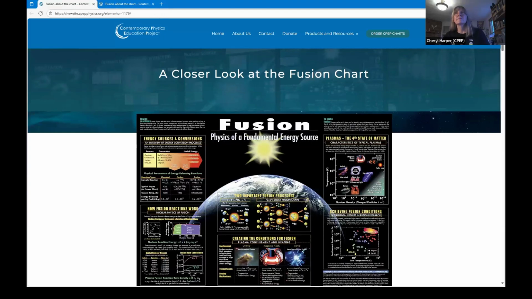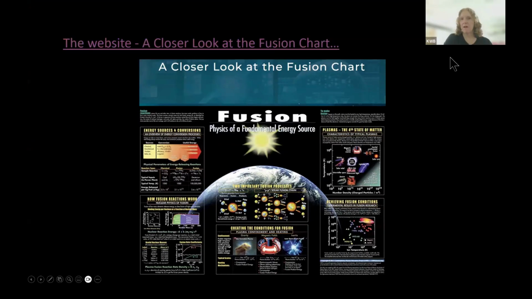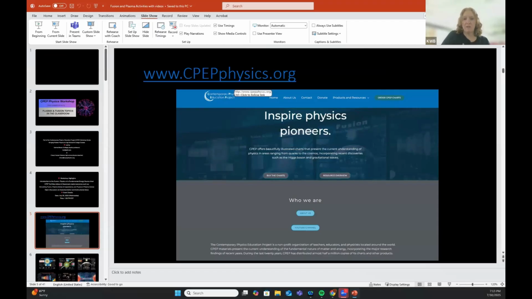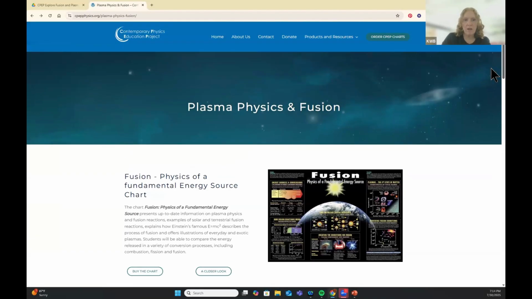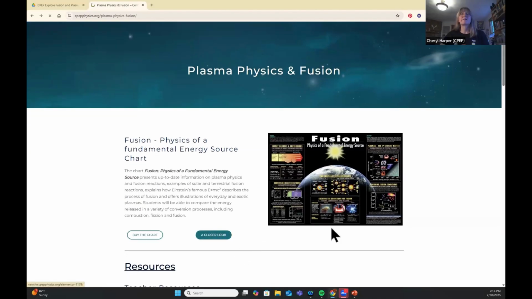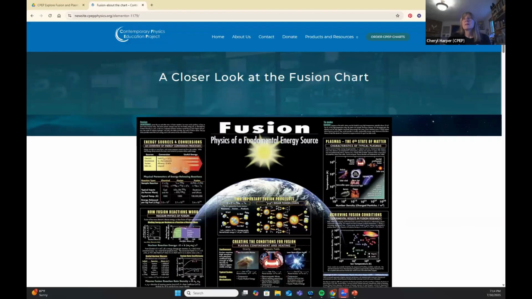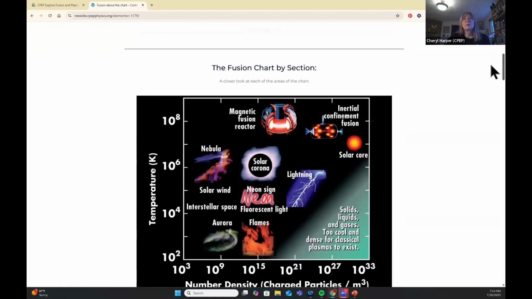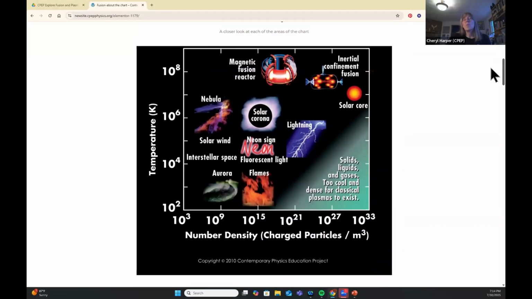If you guys manage to get to the website, on the page where it's fusion, it says a closer look. If you click on that, it takes you to the zoomed in parts of the chart. One of the images that is on the chart is telling us about the temperature and how the temperature must be high in order to create fusion. And the particle density has to be high in order to do so.